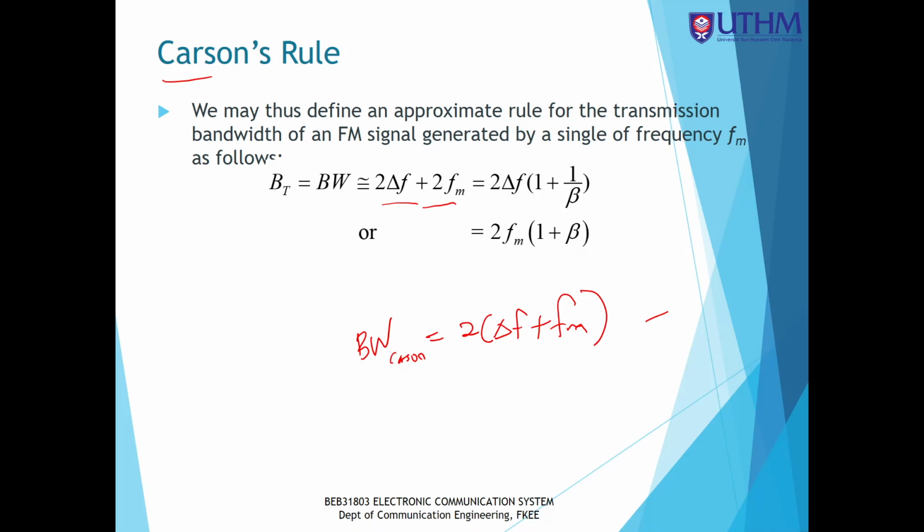You can straight away calculate using your calculator. And you're gonna see later that the bandwidth by Carson is less than the bandwidth by Bessel.